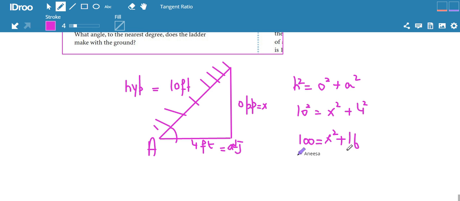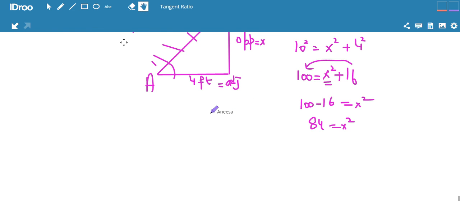To find the value of x, we have to isolate it, so we move the 16 over by subtracting 16 on both sides. We get 100 minus 16 equals x squared. 100 minus 16 is 84, equals x squared.